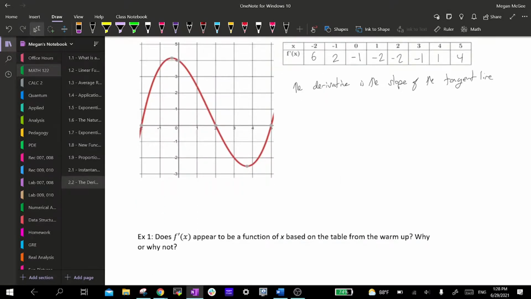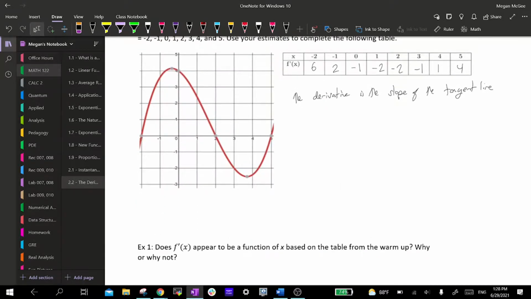So, our first question, does the derivative of f appear to be a function of x based on the table from the warm-up? Why or why not? So if we remember back to one of the first sections of chapter 1, where we looked at tables of data to determine if it seemed to be a function or not.